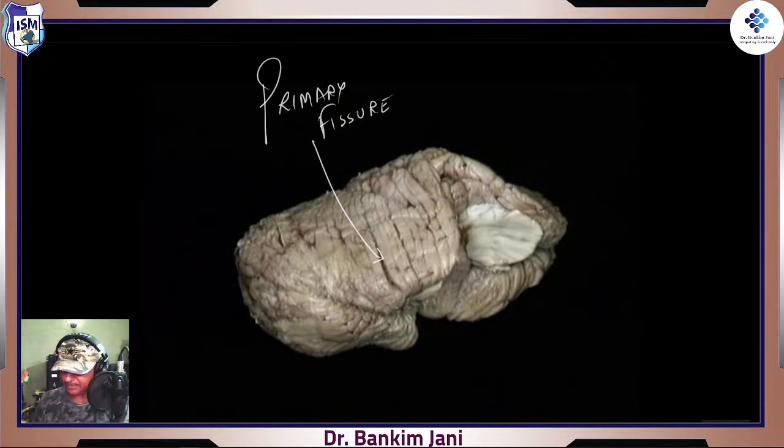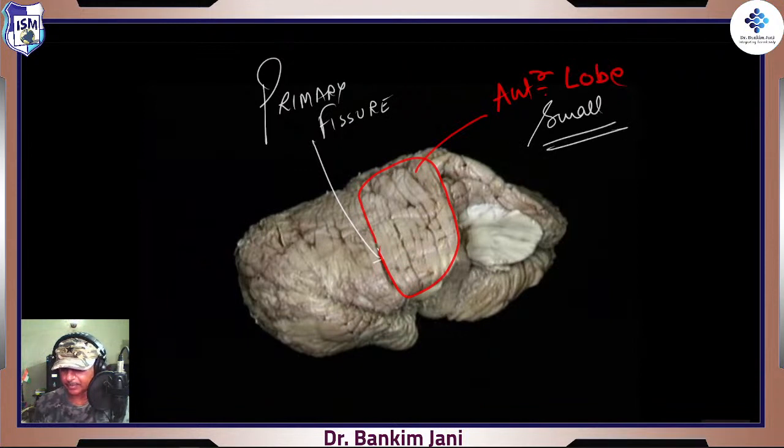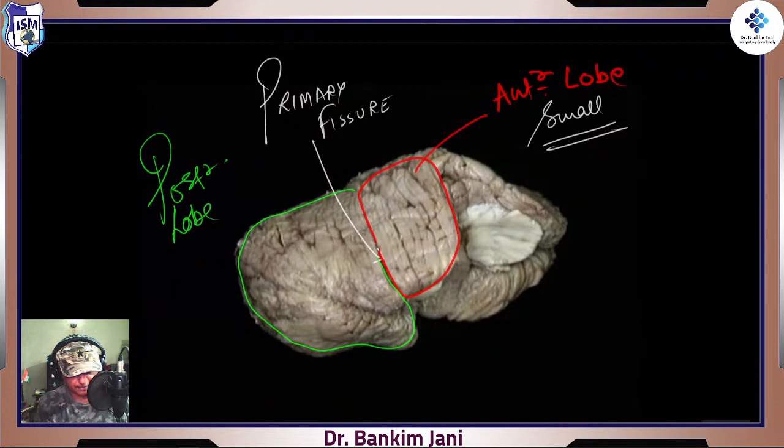The structure in front of it is the anterior lobe. This is the anterior lobe, which is small relative to the larger posterior one. So this is the posterior lobe, the larger one.